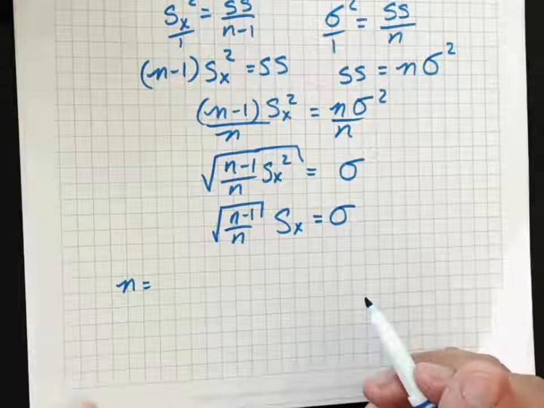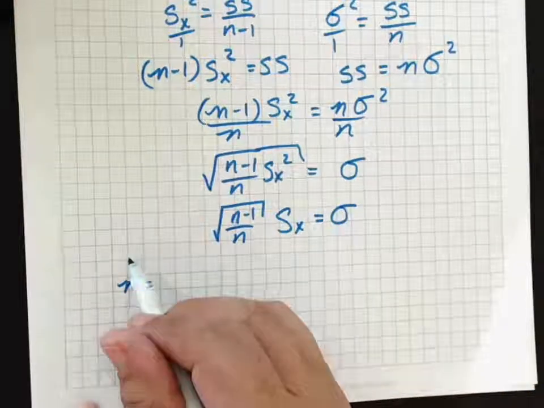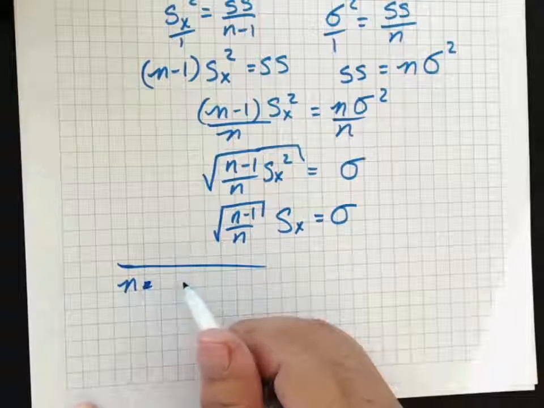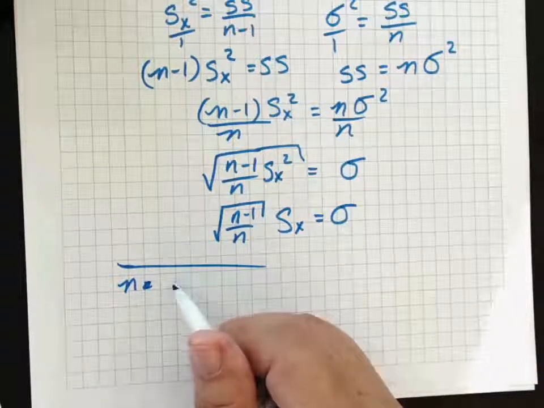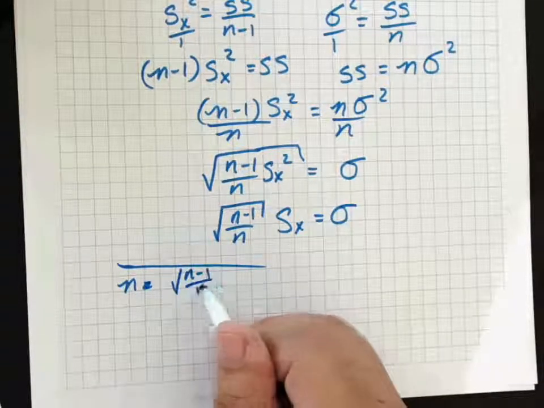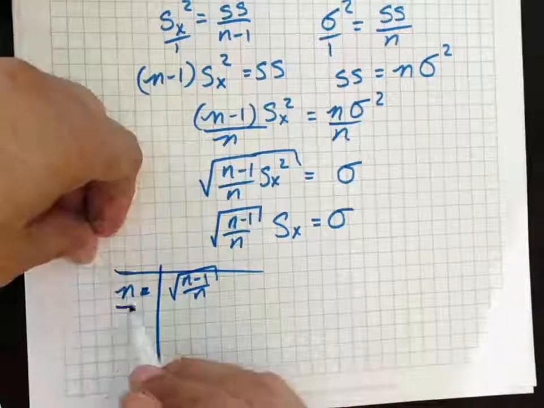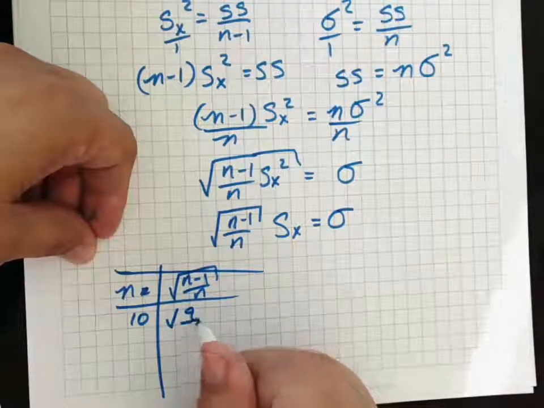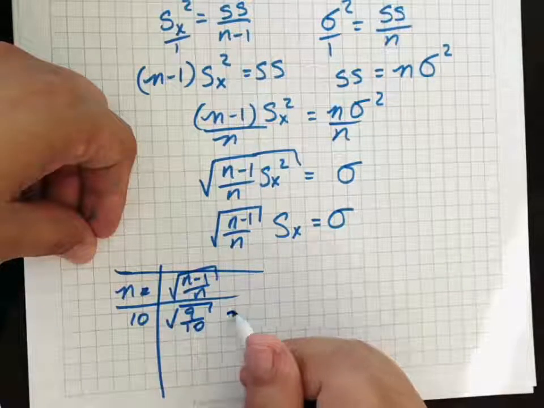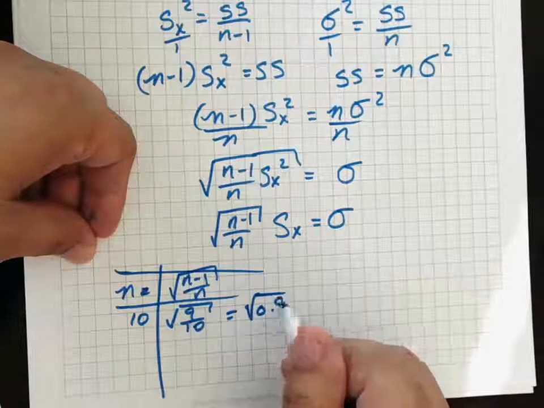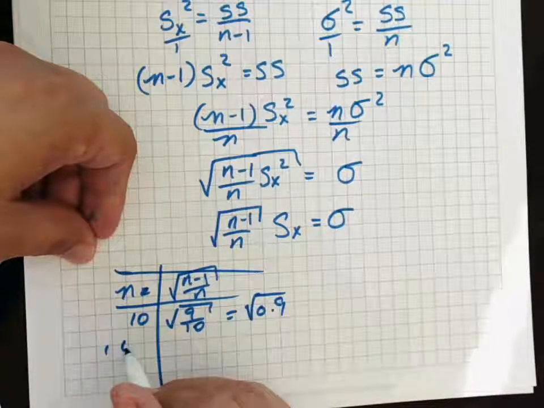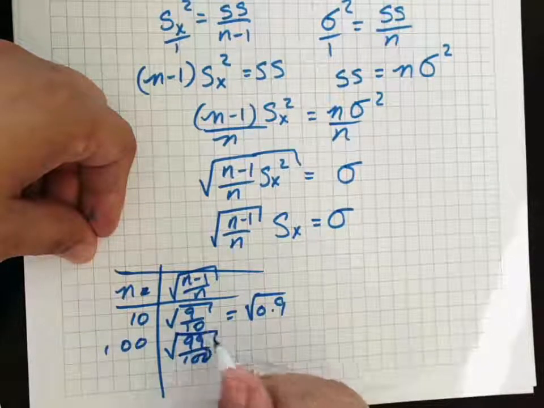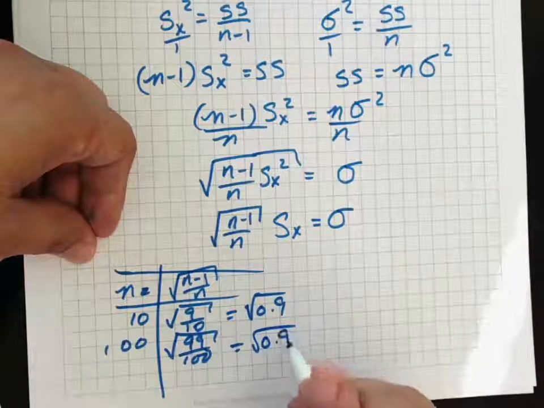So if n were some different values, let's say 10, and then I substitute into the formula, I'll have 9 over 10, which is the square root of 0.9. If n is 100, then I'll have the square root of 99 over 100, which is the square root of 0.99.